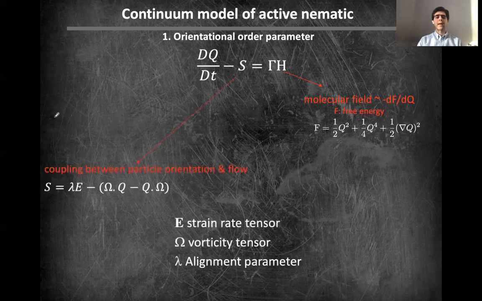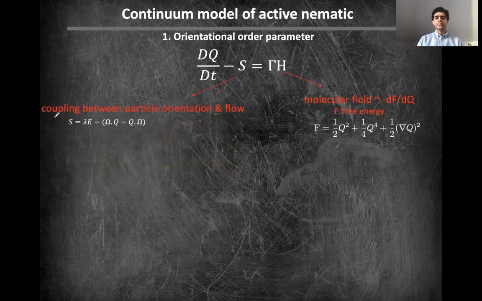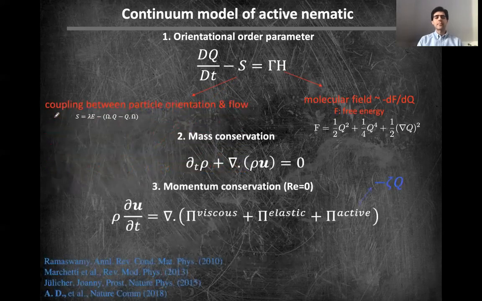And in addition to that, we have the co-rotation term, because the elongated particles, in addition to moving with the flow, also respond to gradients in the flow. If there's vorticity, they should rotate. If there's shear, they should align with the shear. And this is coupled, of course, to the mass and momentum conservation, where the momentum conservation has this extra bit, which is the active stress that you have also learned. So we consider this theory.